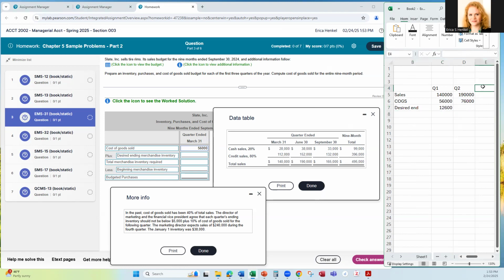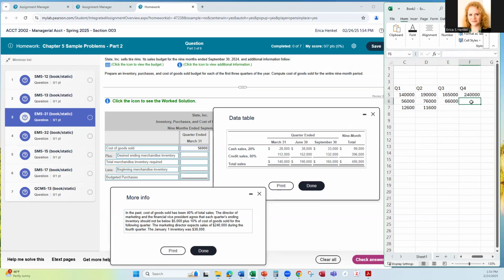So for that, we need to know the cost of goods sold for third quarter too. And we expect sales of 240,000 in fourth quarter.